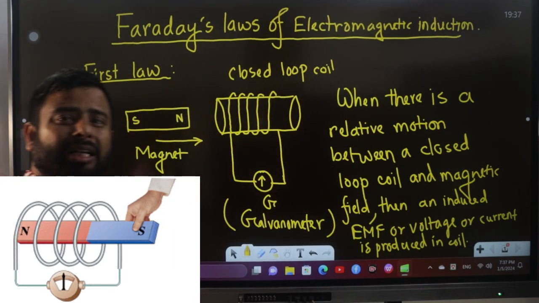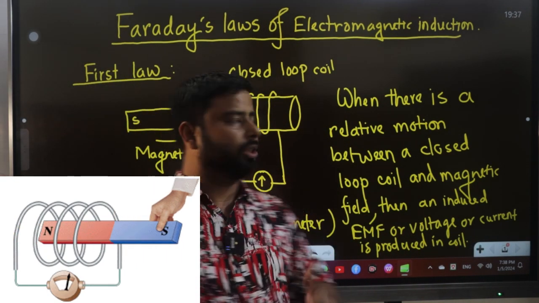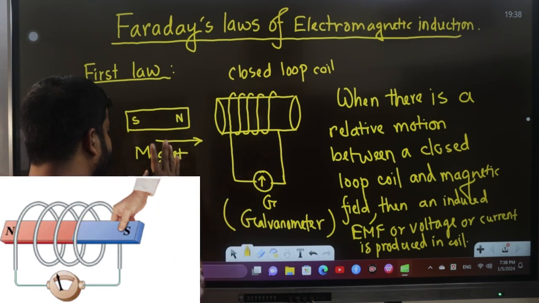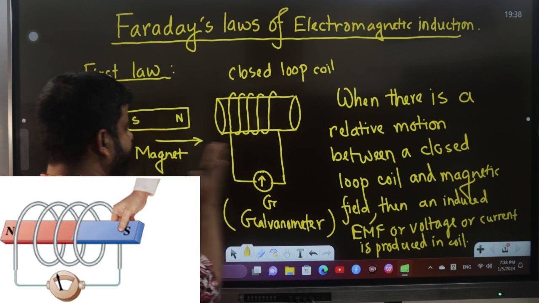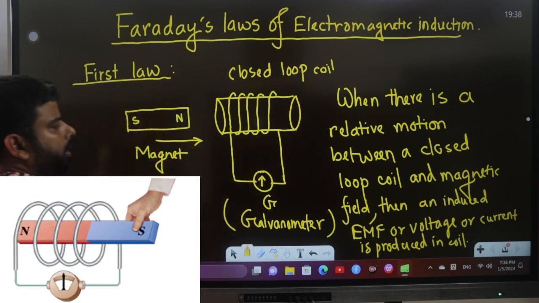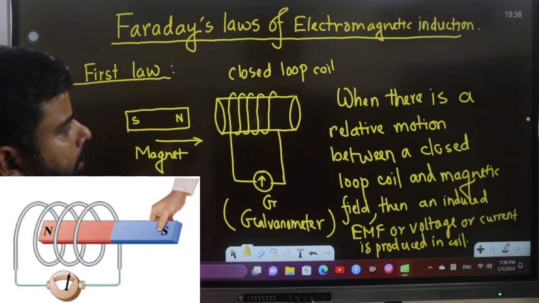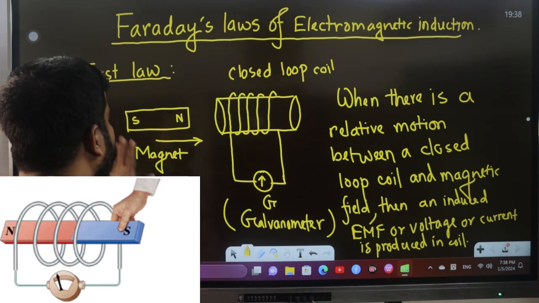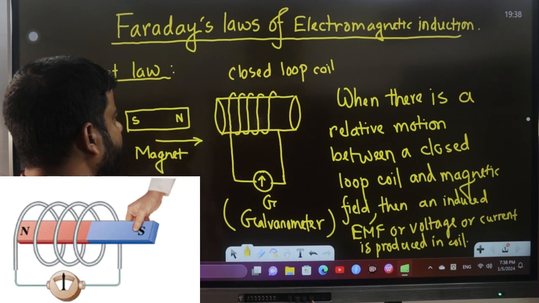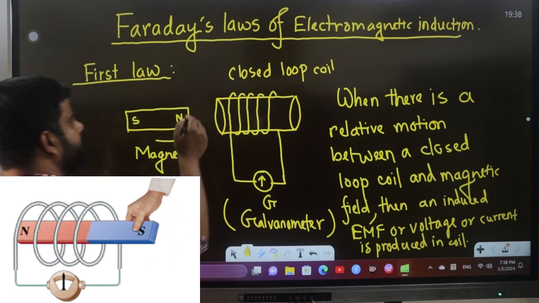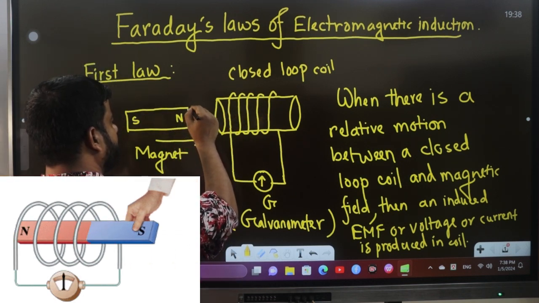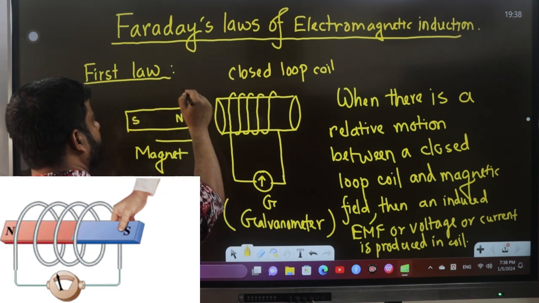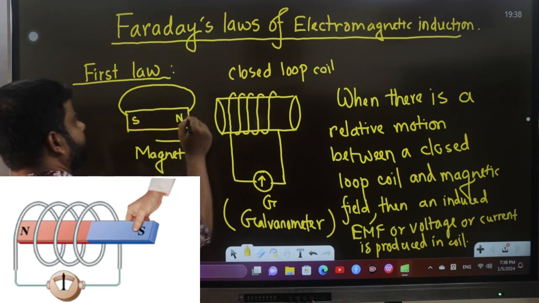So what is the meaning of relative motion? Relative motion means any one of this magnet or closed loop coil must be in motion. So when there is a relative motion between magnet and closed loop coil, an induced current is produced. We know magnetic lines of force start from the north pole and end at the south pole.